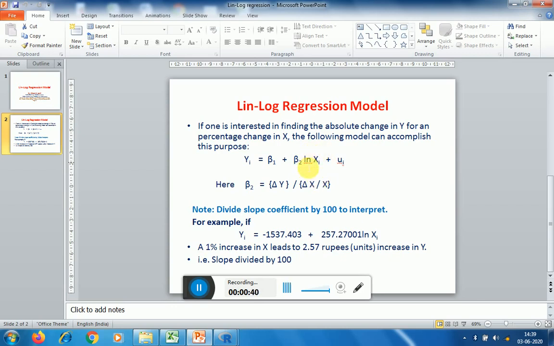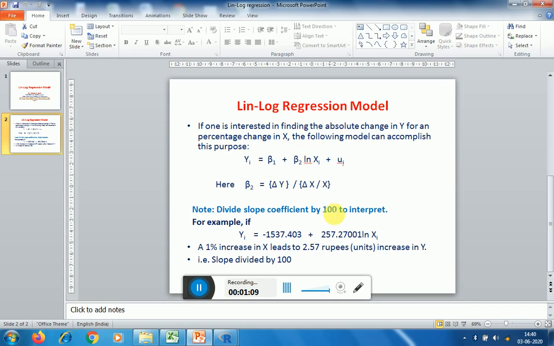So the logarithmic variable is present on the right hand side, but on the left hand side a normal variable in absolute terms is available. When we have such an equation, wherein we are trying to find out the absolute change in y with respect to relative change in x, such a model is called a linear log regression model.